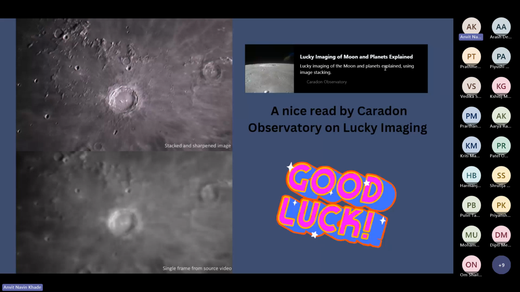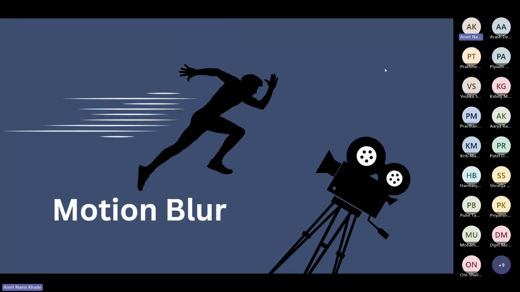By that, I mean we don't need to track accurately as the planet moves throughout the night sky. Using short exposure time minimizes the atmospheric effects, similar to how we use short exposures to avoid motion blur. We aim to capture as many short exposures in very less time.